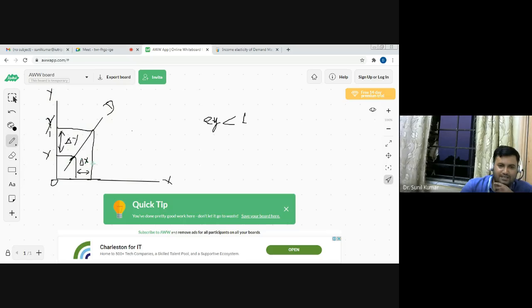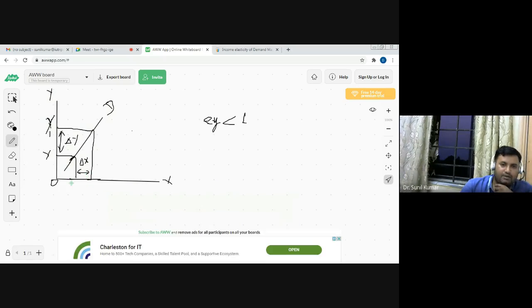Delta x means change. When it increases or decreases, that will be x and x1. So after the change of income, the change will be relatively much less than the quantity demanded.